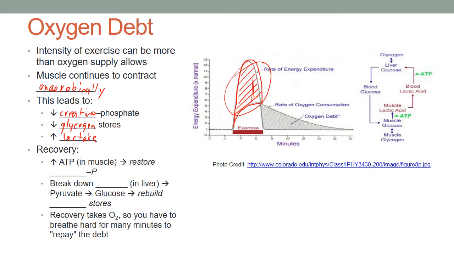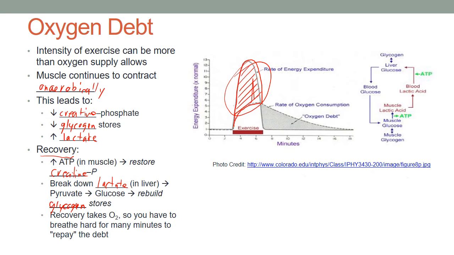Well, during the recovery period after exercise, you've got to reproduce ATP in your muscle to restore creatine phosphate. That's going to take oxygen. You're going to have to break down lactate that's been stored in the liver, first to pyruvate and then to rebuild your glucose, and from glucose to rebuild your glycogen stores.